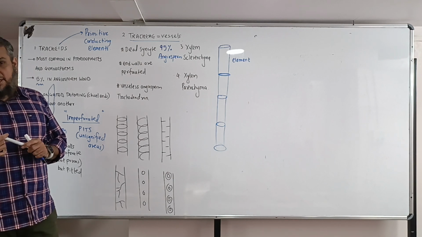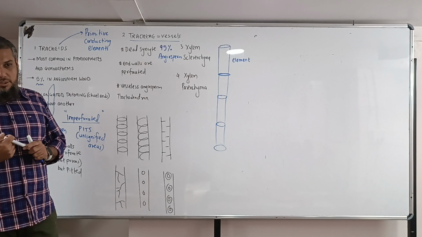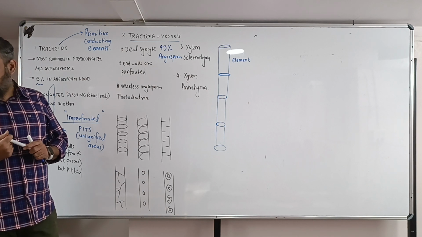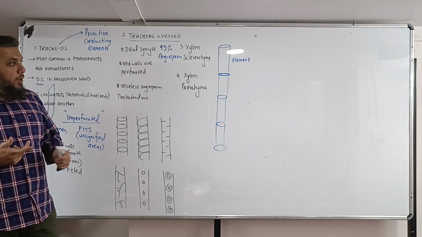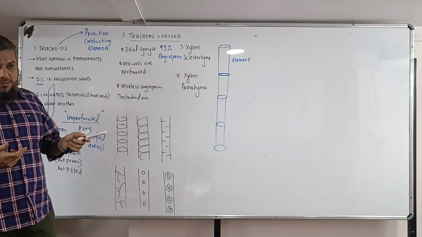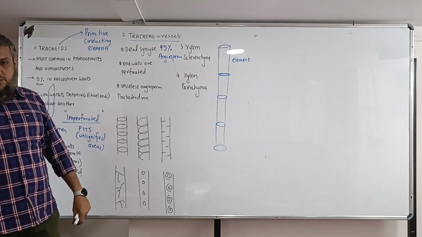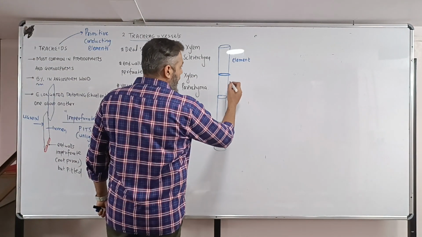Multinucleate syncytial condition in the case of muscles, striated muscles. In fungus, you use the word coenocytic condition. So many cells, which are called vessel elements, have all fused together.